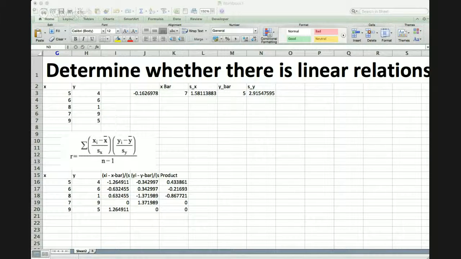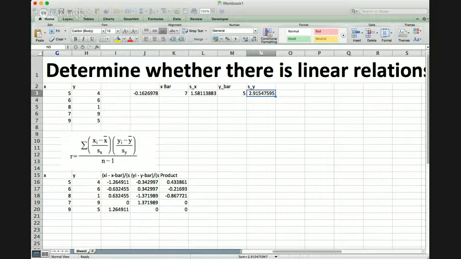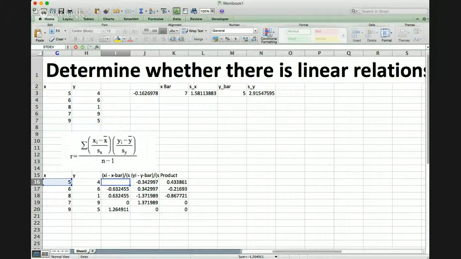The next step is basically finding these values, so you have x and y. You need to find x minus x bar divided by the standard deviation. For that, I would just punch in the number here, which is x minus, you can use the brackets. x is 5. What was your x bar? x bar, remember, is 7 for each of the x's.